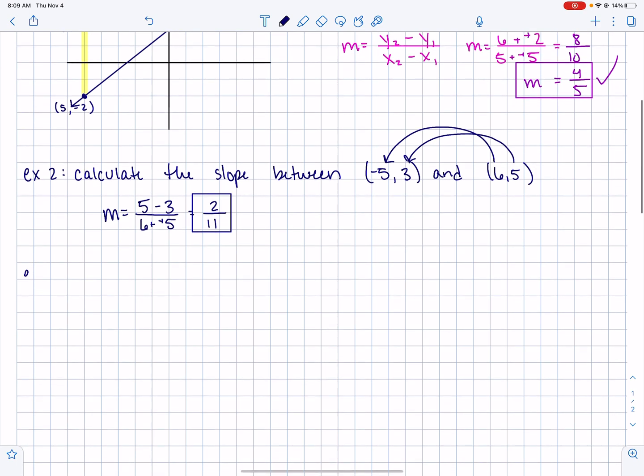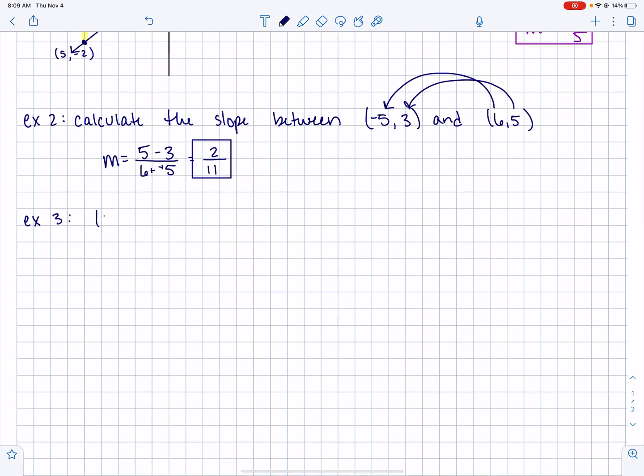So let's try it out for example 3. I'm going to ask you to calculate the slope between the points (0, 7) and (2, 3). So again, you're going to go in whatever order that you want. I always like to draw those arrows.